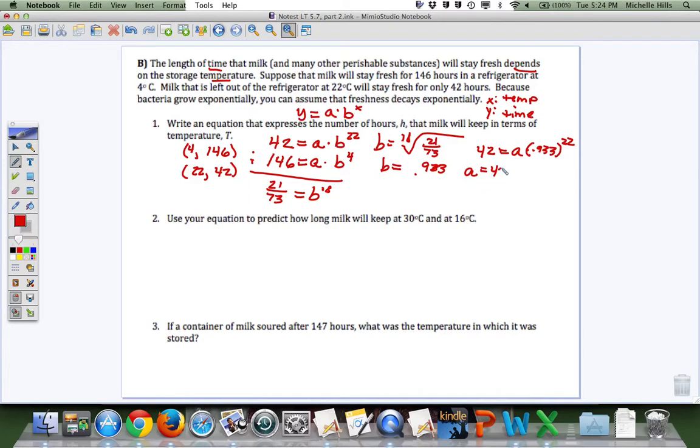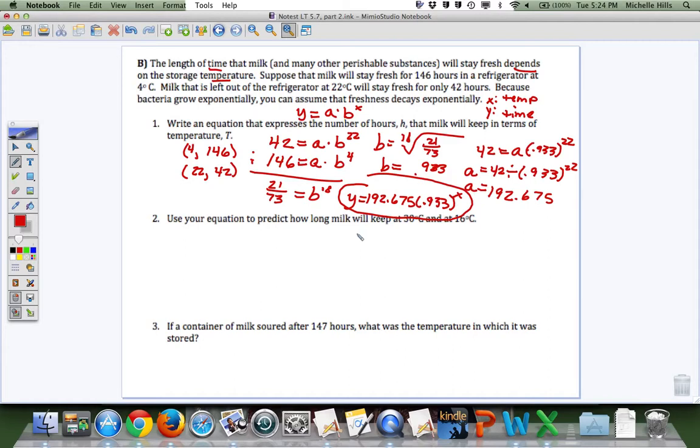A equals 42 divided by 0.933 to the 22nd power, which means to 3 decimal places A is 192.675. So my final equation: y equals 192.675, oh my goodness, times 0.933 to the x power. Real life problems get nasty in a hurry.